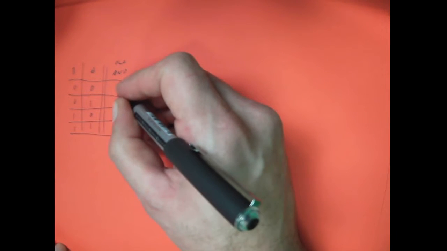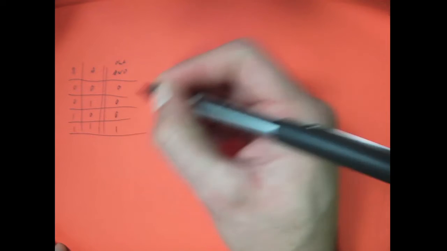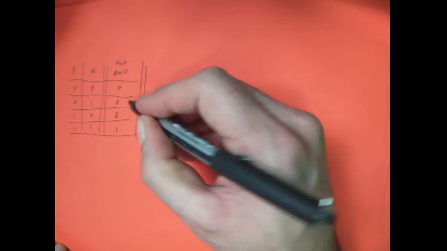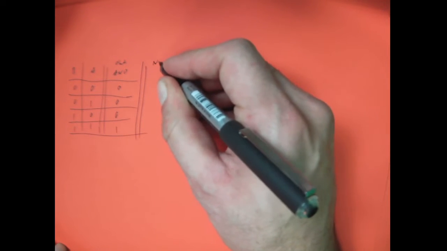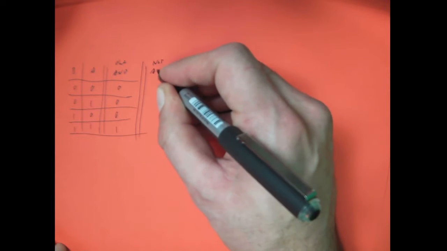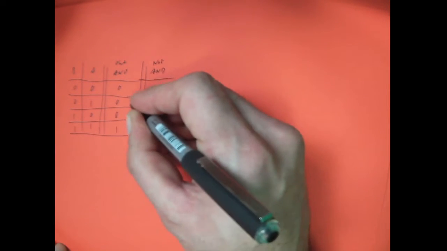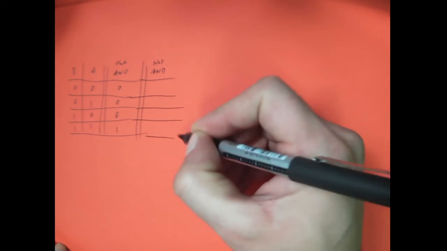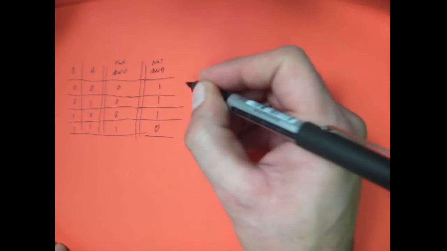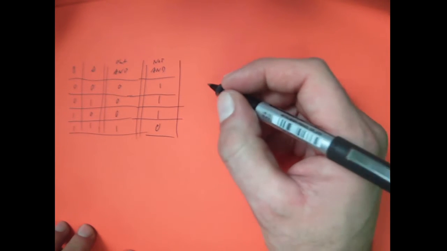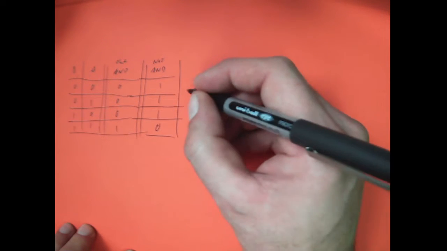And then the AND looks like this. So the NAND then looks like this. 0, 1, 1, 1.